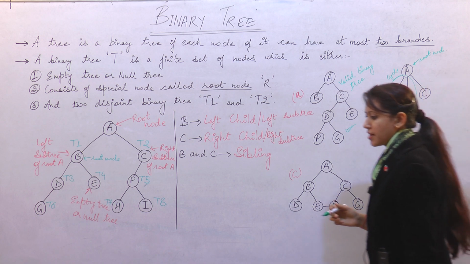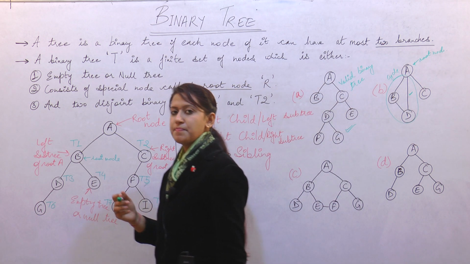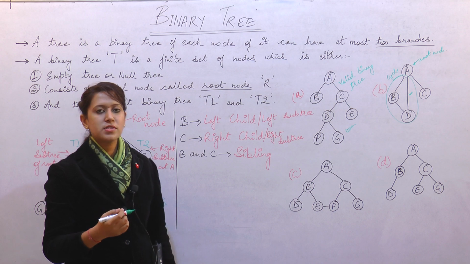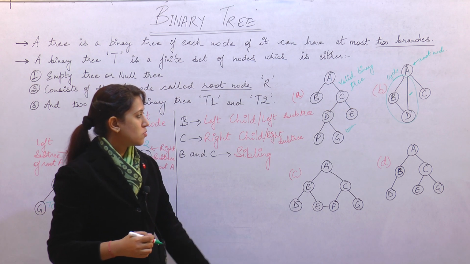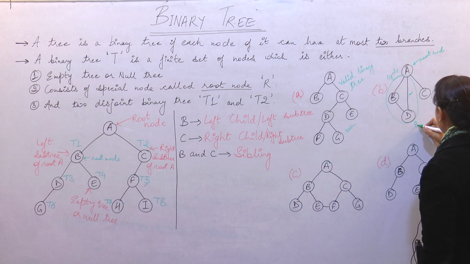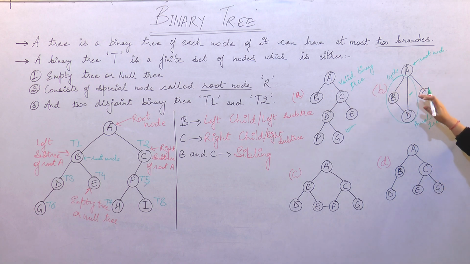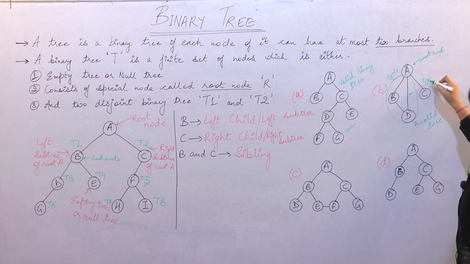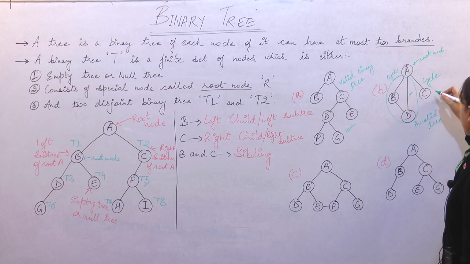Any graph with no cycle we consider as a tree. So this becomes an invalid tree because here we encounter a loop or cycle which is not allowed in a tree.